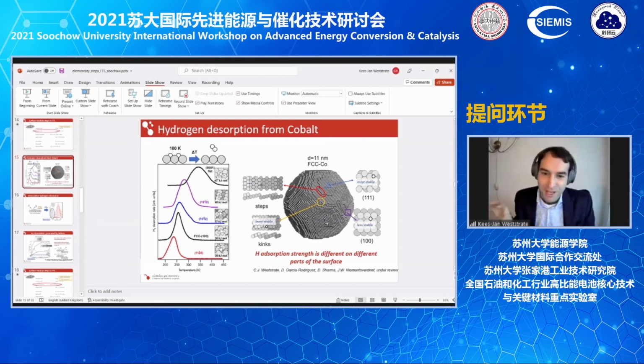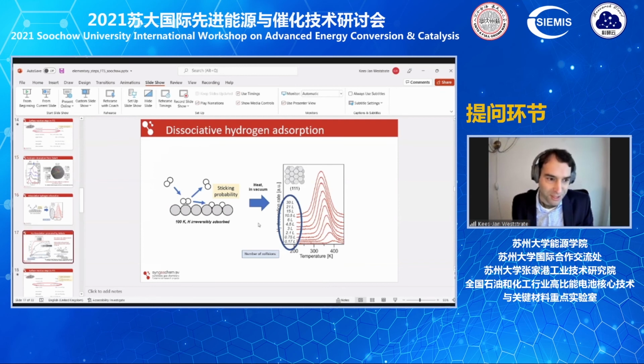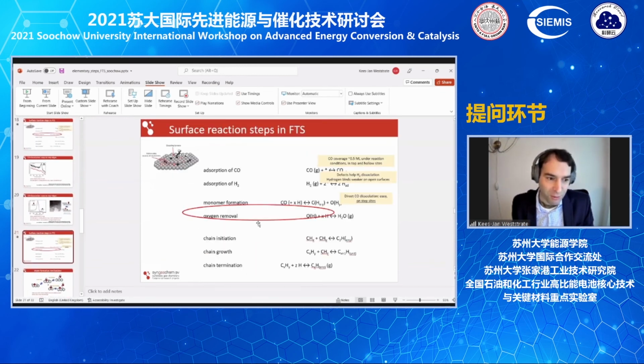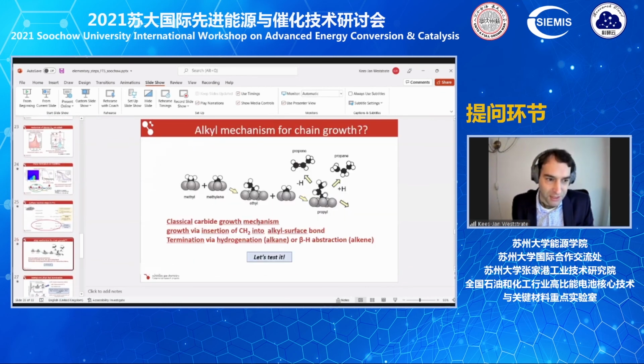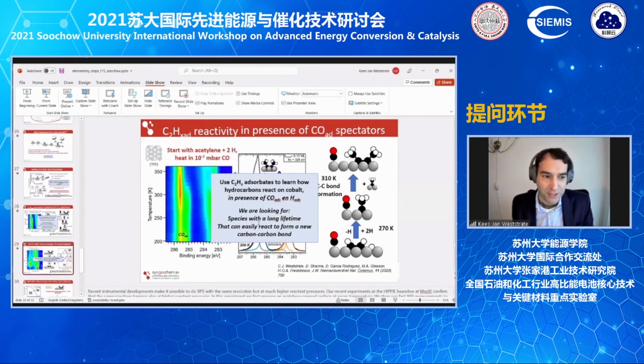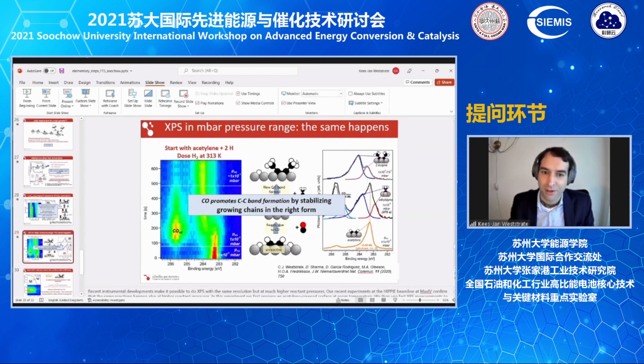And the other one is, of course, if you go to higher pressure, is there something different? Can we extrapolate the results we find at the low pressure to the high pressure? Of course, some of the experiments I did are at higher pressure. So the ones towards the end, it needs the special equipment at the synchrotron, but this kind of experiments, they are at a higher pressure. So that's the pressure gap.